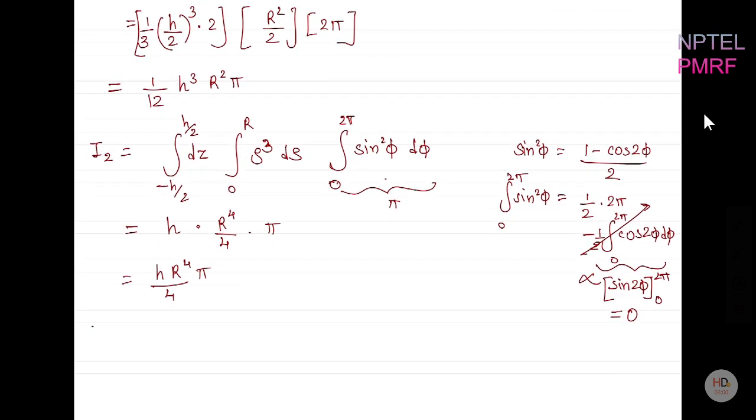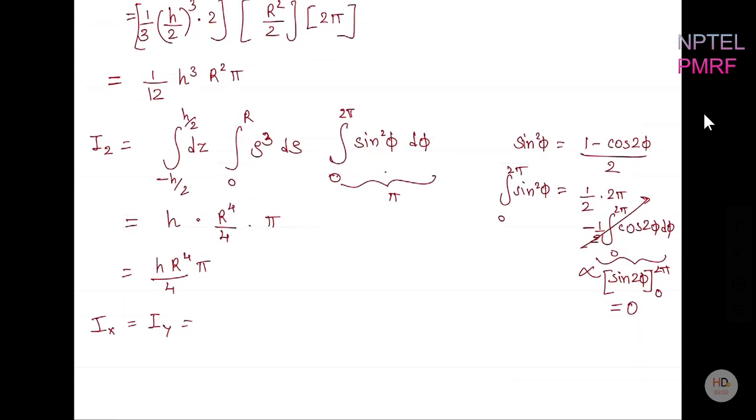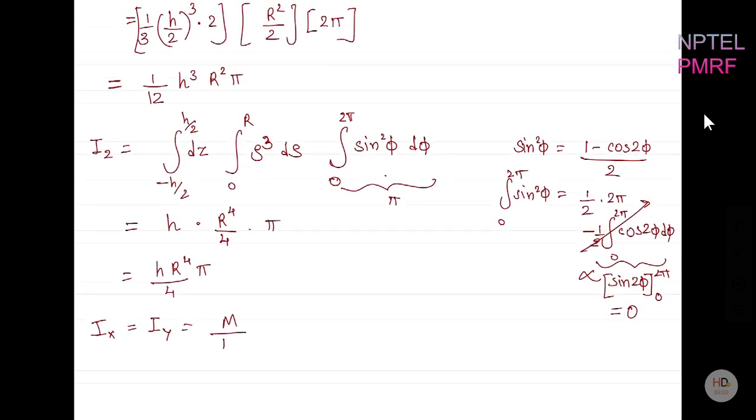So the final Ix or Iy is m by pi r square h into 1 by 12 h cube r square pi plus h r to the power 4 by 4 pi.